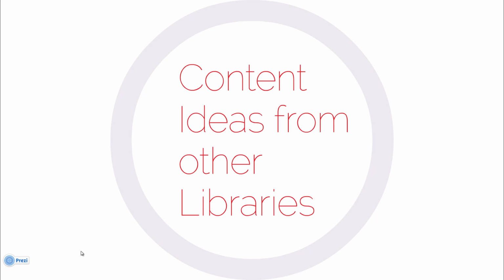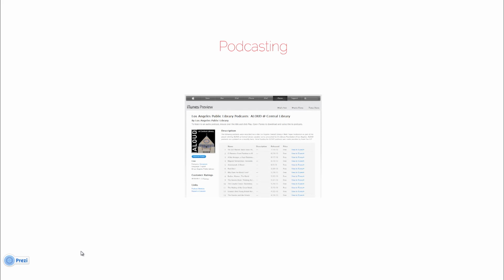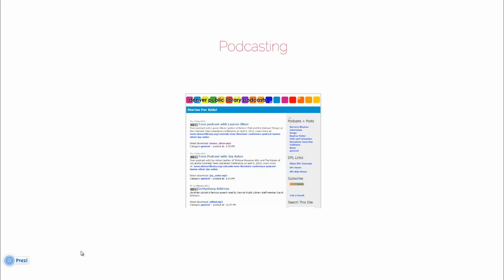Maybe you've considered before and decided against it, but I'm going to show you a few examples that I found interesting. Of course, podcasting, a lot of larger libraries do podcasting, but there's some smaller ones that do it also. The Los Angeles Public Library has a big podcast, and theirs is available on iTunes. Some libraries have them available on the website.